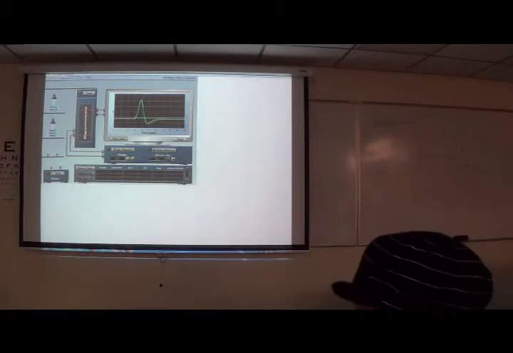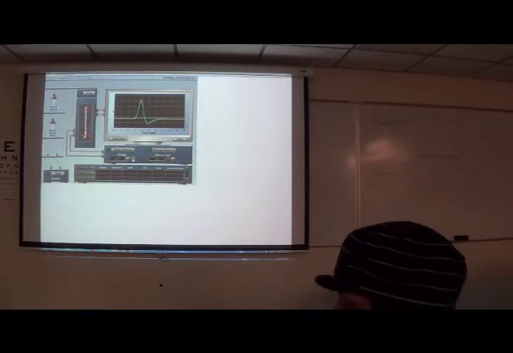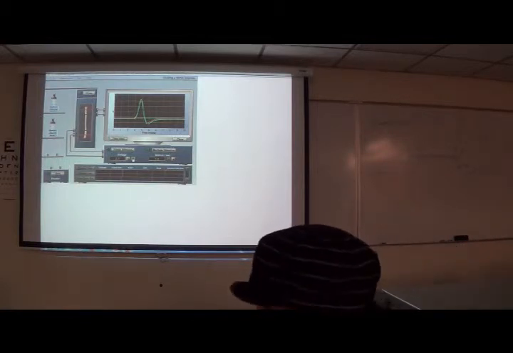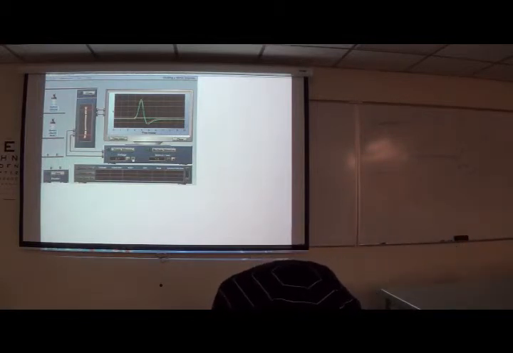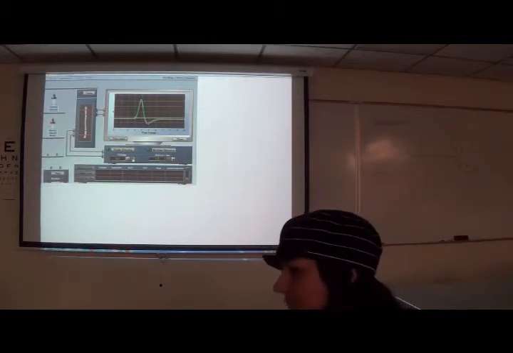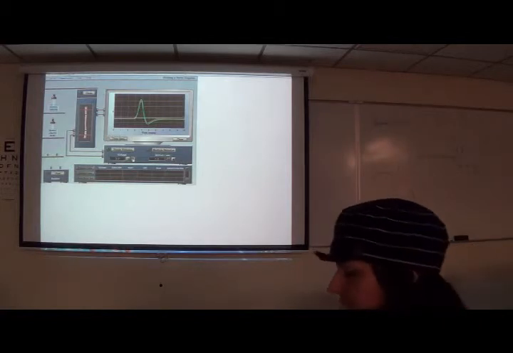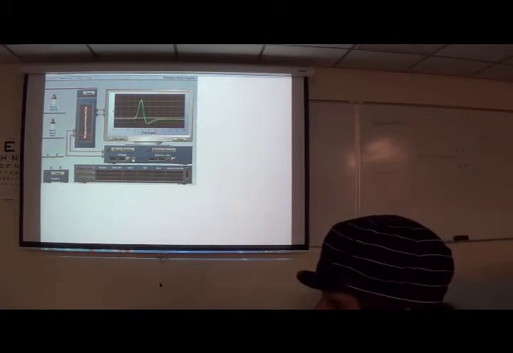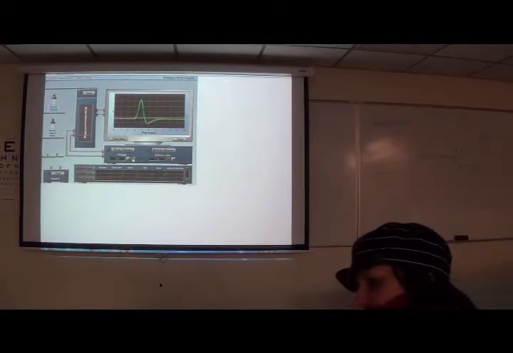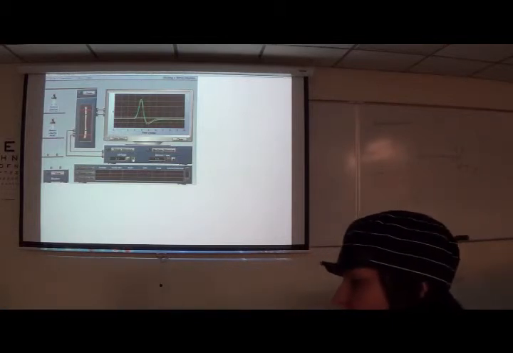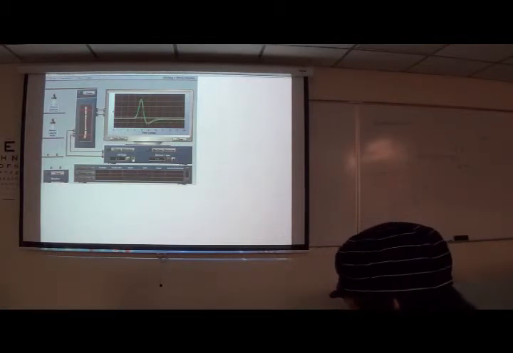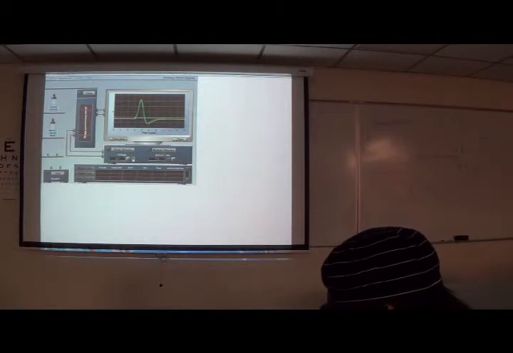So at 3.0, I match the minimum threshold for all those neurons that had that as their threshold. But there were a whole bunch of other neurons that required a higher threshold stimulus. So I had to turn up the stimulus to reach their threshold, and they had slightly higher action potentials as well. But that statement, all or none, holds true for one cell.